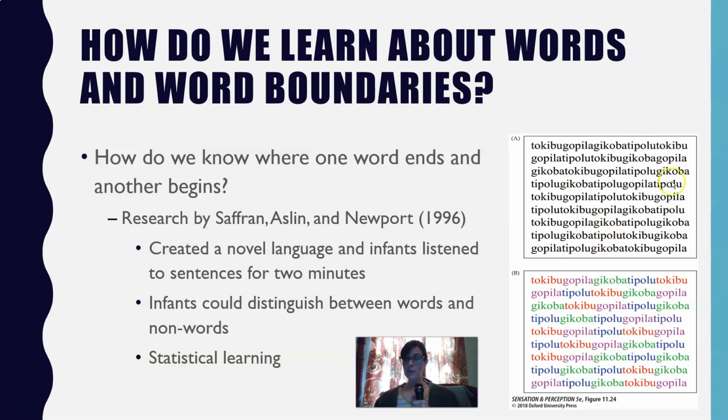So by the time you've been exposed to this, you can very quickly learn that these are basically 4 different words: Tokibu, Gopila, Gikoba, and Tipalu. You're basically looking for statistical regularity and taking into account probability. That's not something you do consciously, but that's how a lot of us have been proposed to learn language.